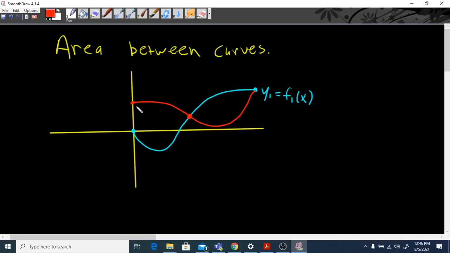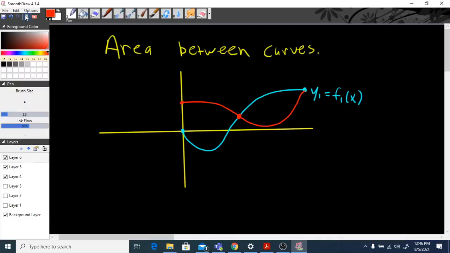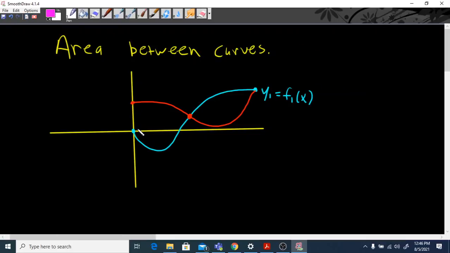Anyway, so the area that we are interested in is going to be here in purple. We're interested in literally the area between these two.